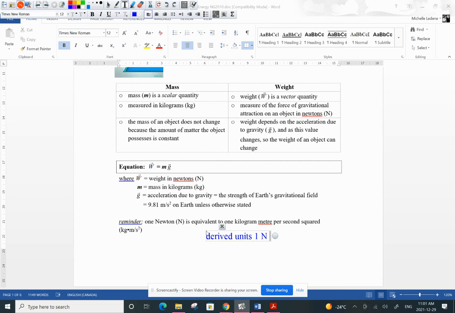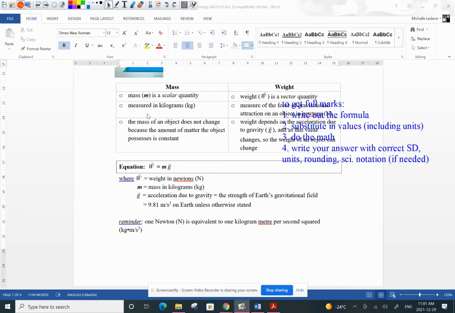So remember it is equal to 1 kilogram meters per second squared. Again, if you forget these derived units like newtons and joules, they are in your data booklet as well.